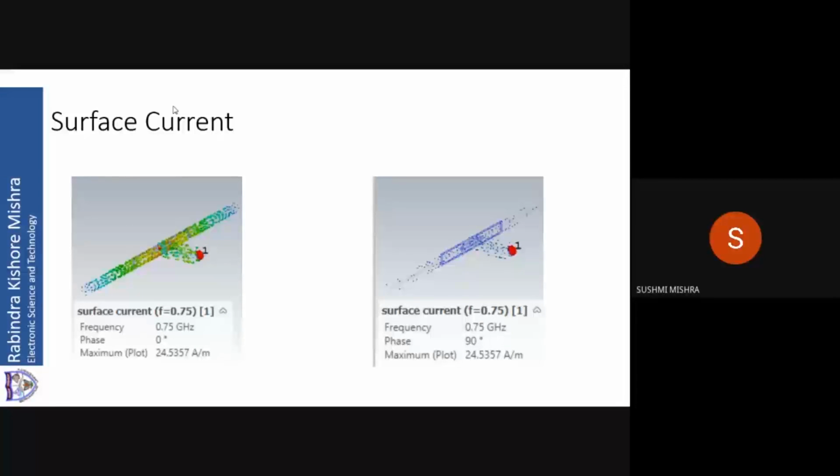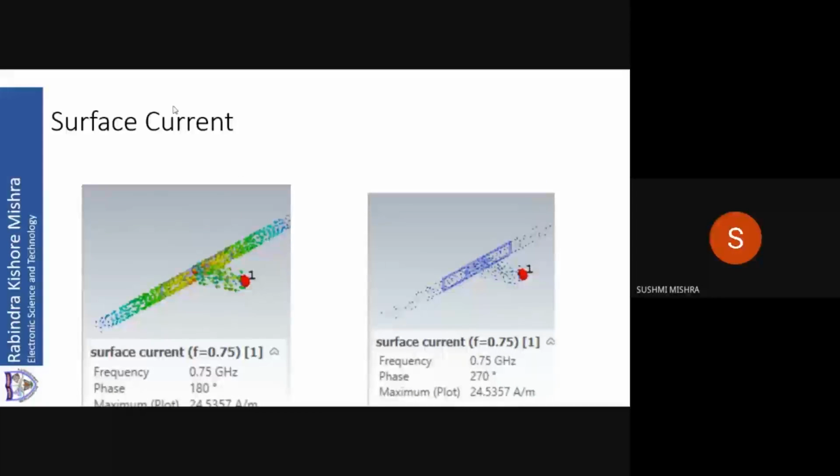Then if I go to 180, the current again becomes maximum but in the opposite direction, which means if the left arm was negative and the right arm positive, now the left arm is positive and the right arm is negative.